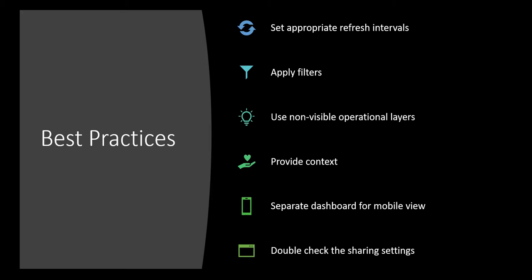If you are building a dashboard for mobile view, please use a different dashboard, because the dashboard that we just built was built for a bigger screen. If you are building a dashboard for a smaller screen like mobile, please use a different dashboard and have as little information as possible, because the screen real estate is really small. So you want to create the dashboard accordingly.